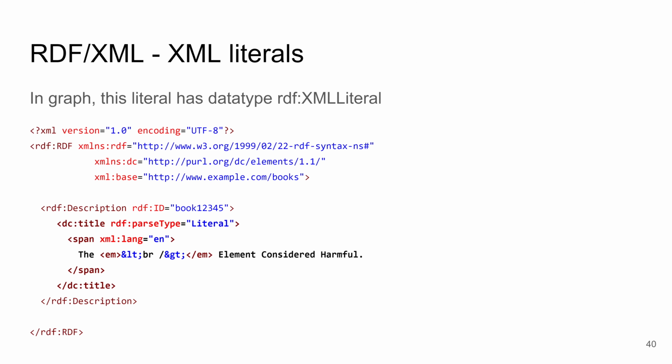And the only actual good use case for RDF/XML nowadays is when, for some reason, your RDF literal would have to contain an XML document. In that case, you might specify the rdf:parseType attribute as Literal, which means that the content of this dc:title element, for instance, is viewed as a literal value, is not processed as XML anymore, and is of a data type rdf:XMLLiteral.